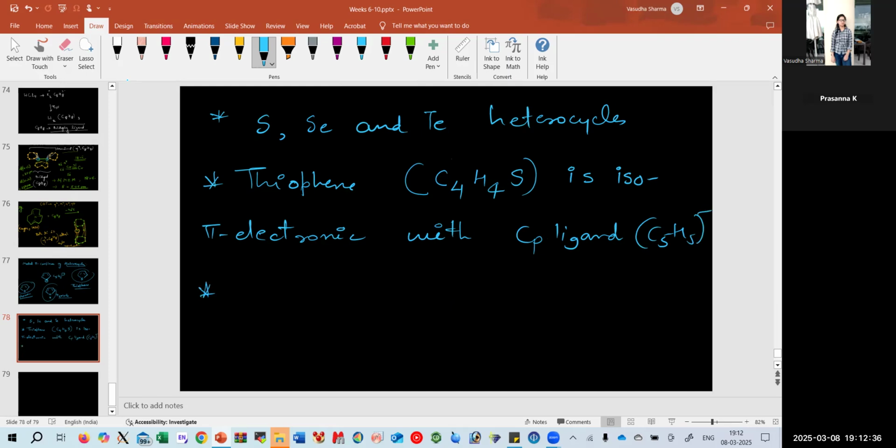Another thing is that thiophene C4H4S is weakly basic compared to, like, benzene. It's not much basic.